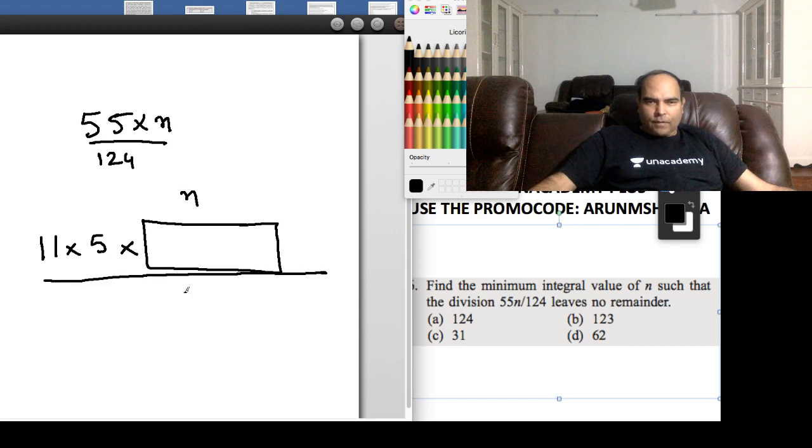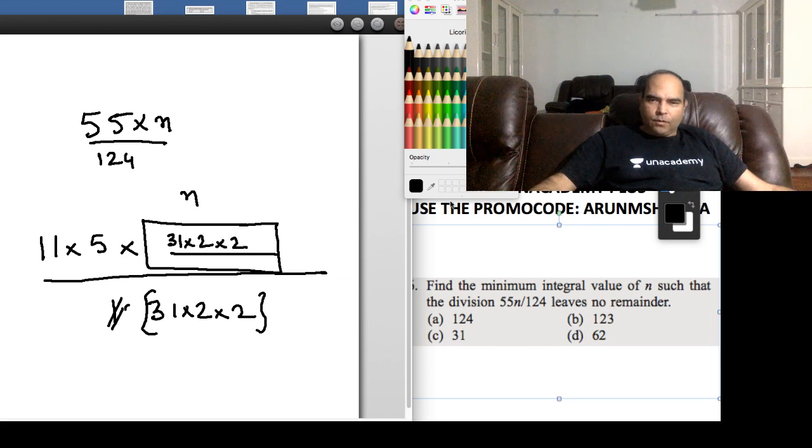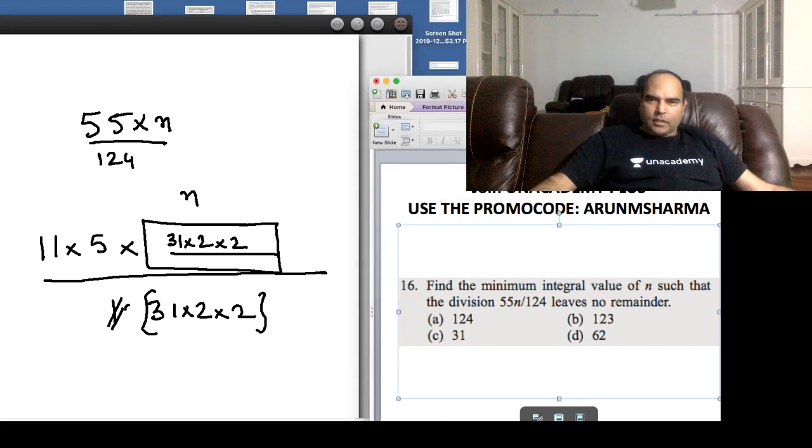When you divide this by 124, 124 is 31 into 2 into 2 in its prime factors. So for divisibility to happen, these numbers have to be cancelled out with the numbers here. Hence you will need a 31 into 2 into 2 here, which is the minimum value required in this question.